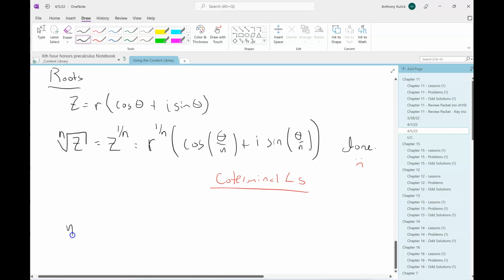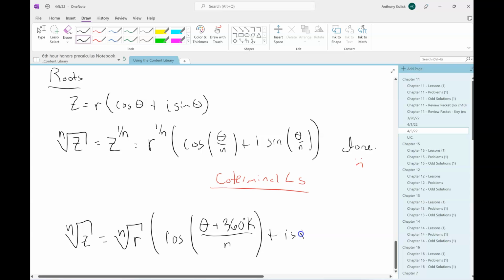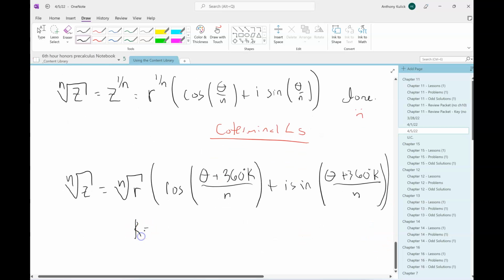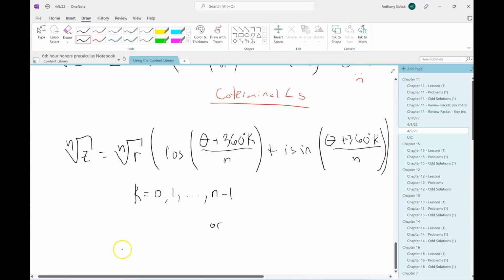So what this really becomes, or if you prefer to work in radians, instead of 360, we would write 2 pi.